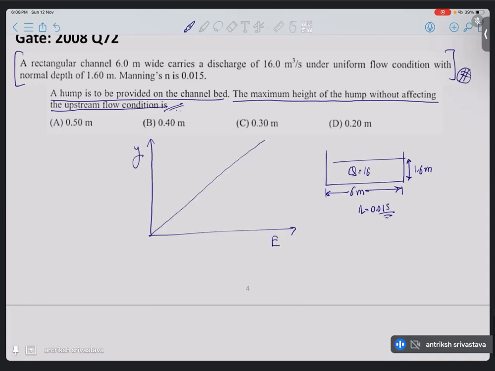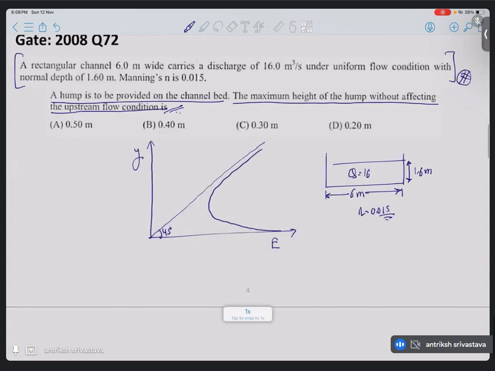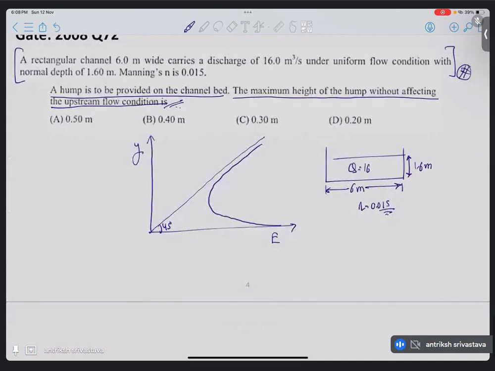So this is the 45-degree line or 1-to-1 line. This is our diagram for y and specific energy. Sorry, specific energy. I mean to draw it like this. Yeah. So let's say at some stage we have energy E1, right? So this is the line.